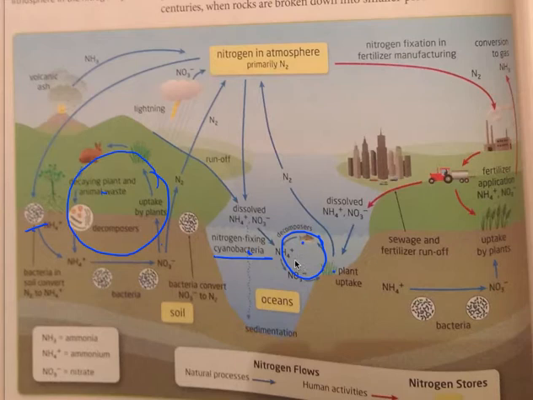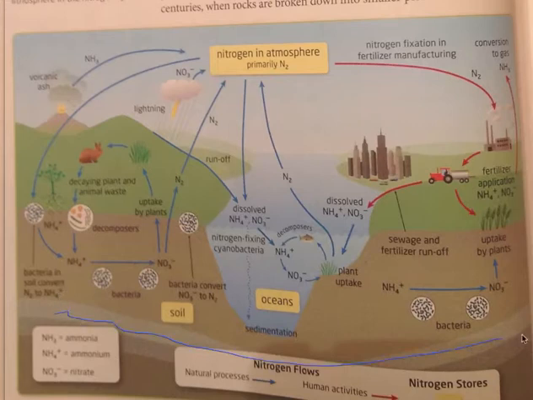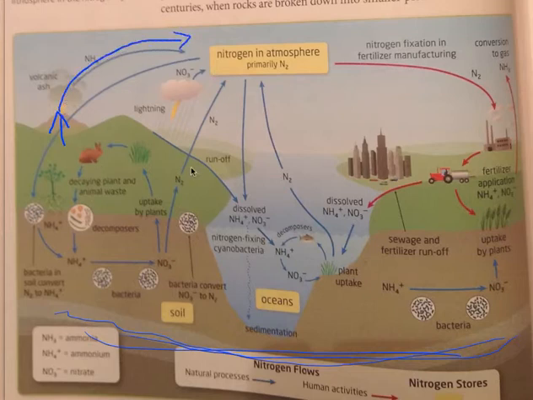So what happens to the nitrogen that's not used by plants or animals? It can fall down to the very depths of the earth, and slowly, after a really long time, it can be blown out through a volcano. That's the way it can make it back into the atmosphere.